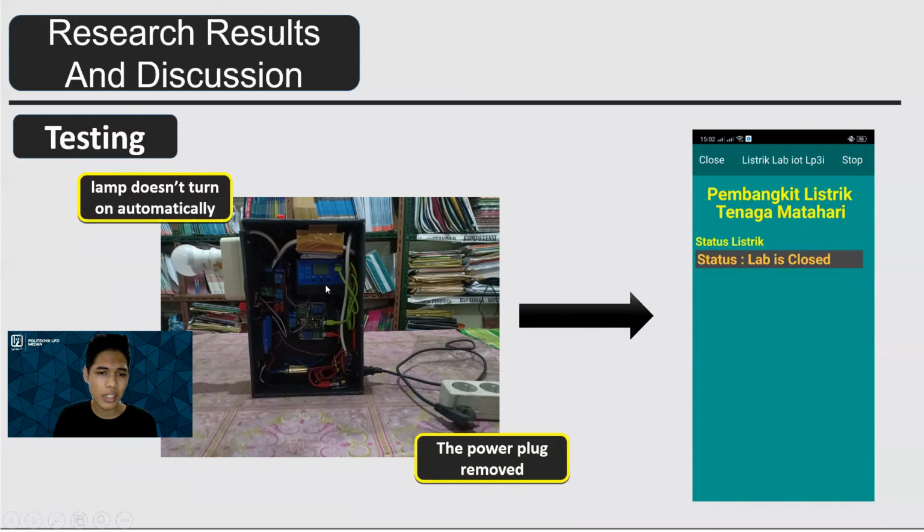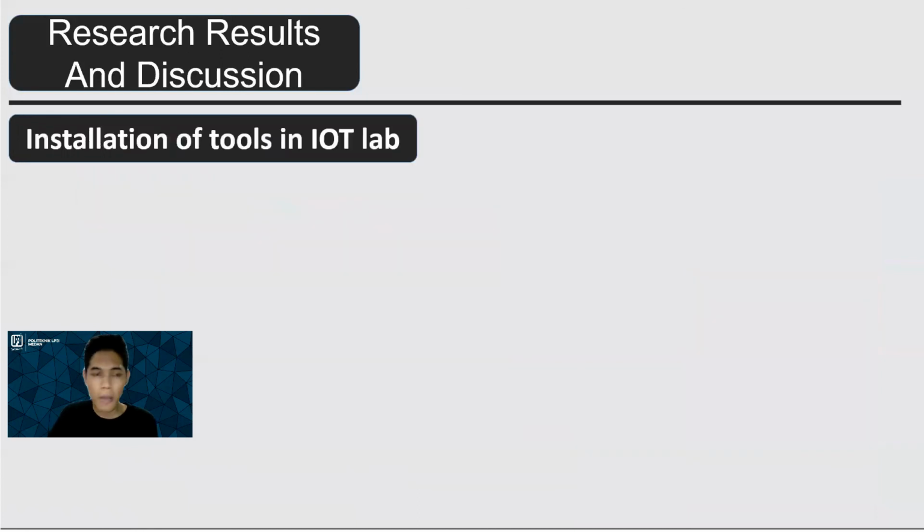Because you press the button, it will send the text to your smartphone that status lab is closed. It means the lab is closed, or when you are in that time, 21:30 at night until 7 o'clock in the morning.